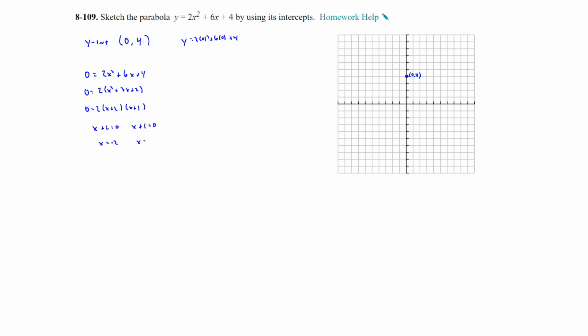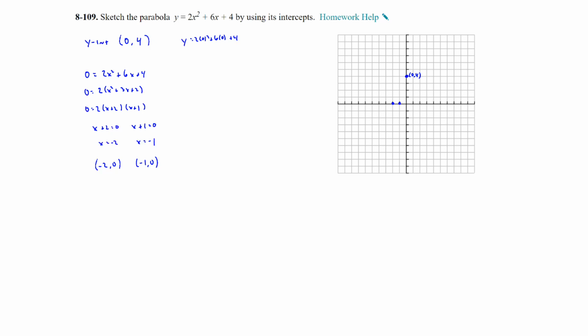So subtract 2, subtract 1, and our x-intercepts are at negative 2, 0, and negative 1, 0. And so negative 2, 0 is right here. And then negative 1, 0.